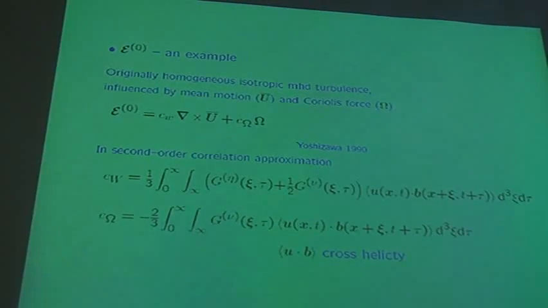Under these circumstances, if you have cross-helicity unequal 0, you have, let's say, battery terms in your equations. You have electromotive forces which can drive currents independent of the existence of a mean magnetic field. So this is the simplest example for this E0 theorem.